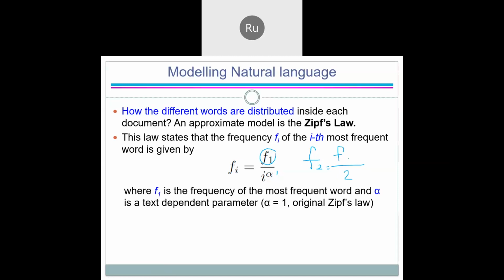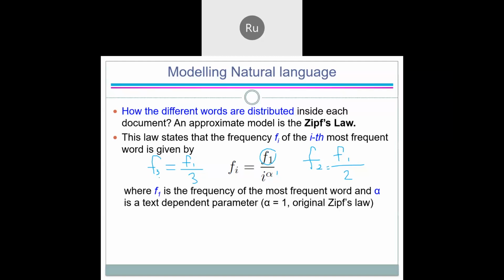So the frequency of the second most frequent will be half of the first one. If we take the third one, that is F1 over 3, so the third most frequent item will be 1/3 of the first one.